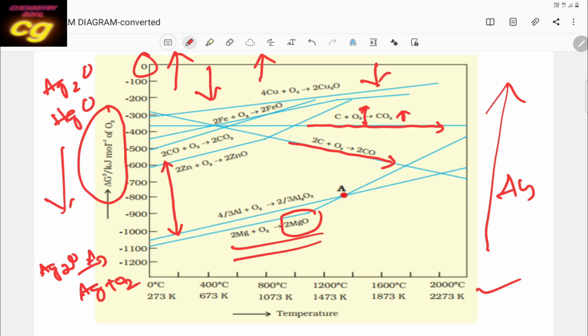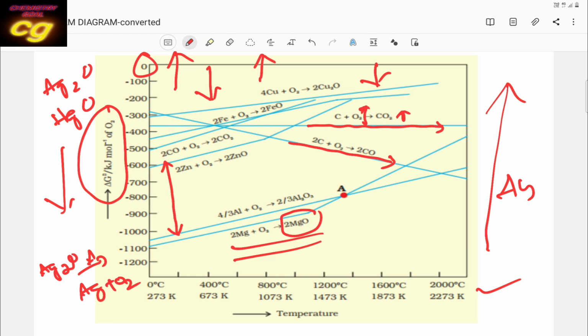One molecule on the left side and one molecule on the right side. That means entropy is constant. As entropy remains constant, the del G value will not be affected. That's why the formation of carbon dioxide from carbon gives a straight line without positive or negative slope.